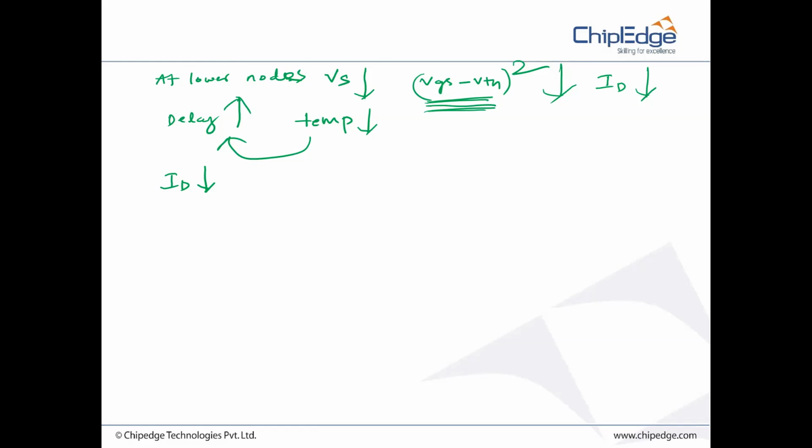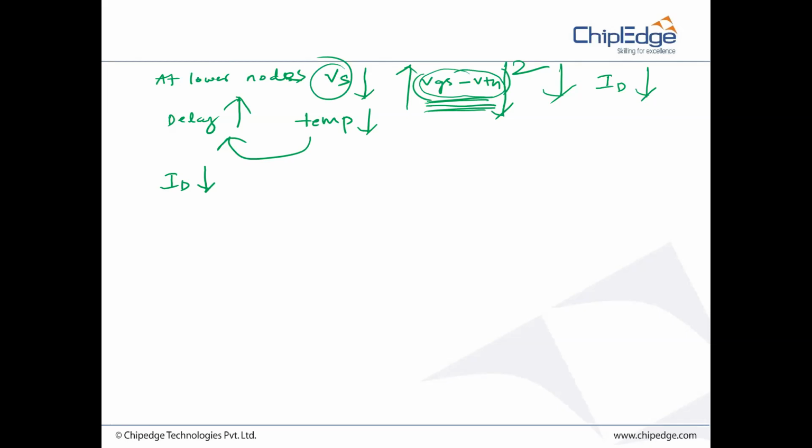See, Vth is reducing, right? This is increasing, right? So what happens to this value? It depends on how much Vth is decreasing and how much VGS is increasing. But this value becomes very, very small because Vs is very less.